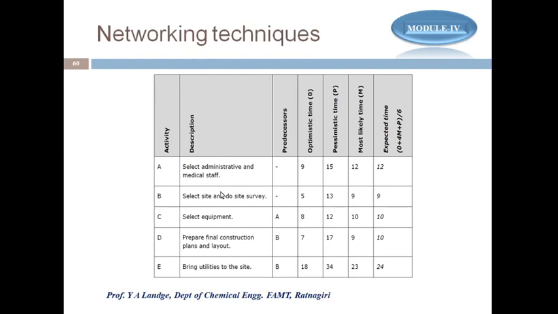So this is the data mentioned in the given problem. In the first column it mentions the activity, the second column gives the description, then the predecessor, optimistic time, pessimistic time and most likely time, and the last column is the expected time.